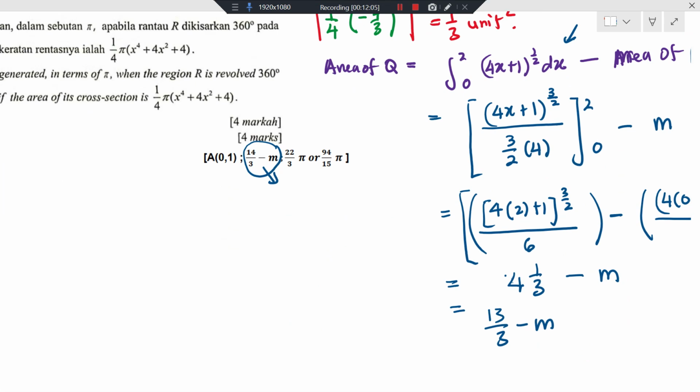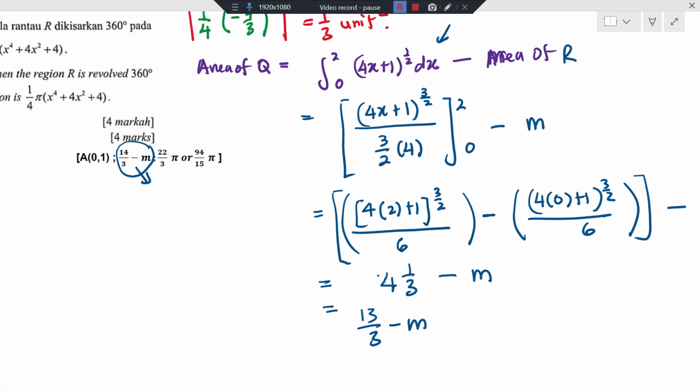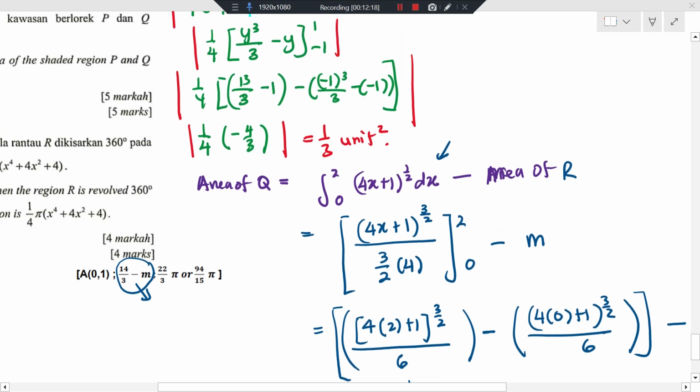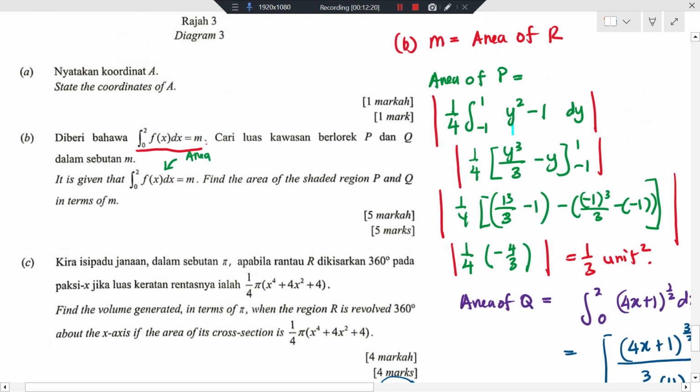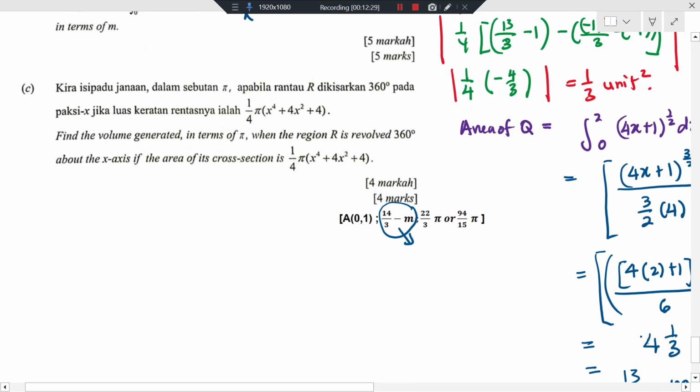Let me see first. Very close to the answer, but wait, there is something wrong. Oh, maybe they're asking for the sum. Find the total. They need to put the instruction clearly. Okay, find the total area of shaded region P and Q.